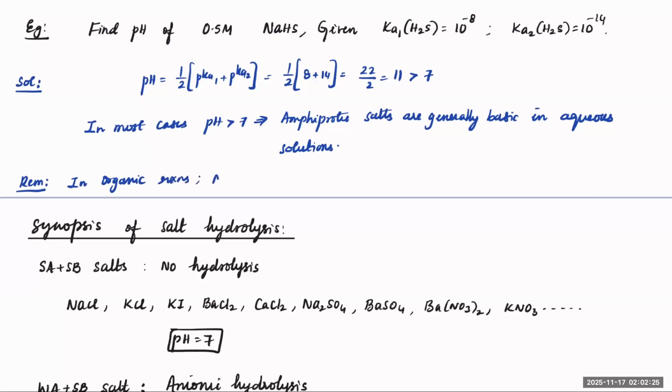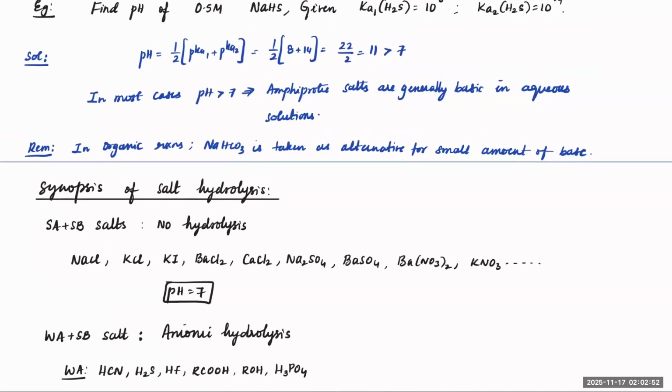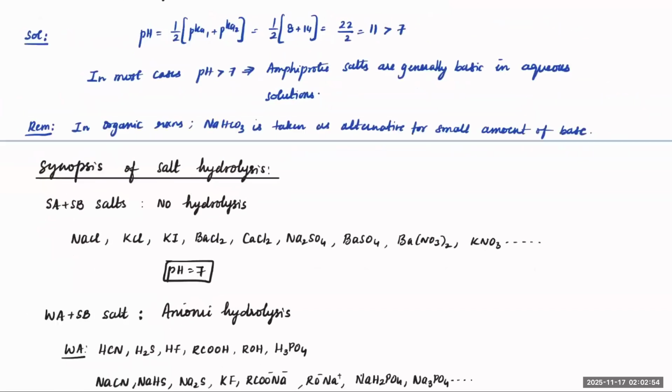in organic reactions, NaHCO3 is taken as an alternative for a small amount of base. So if you want a small amount of base here, then we can always use sodium bicarbonate as one of the sources.